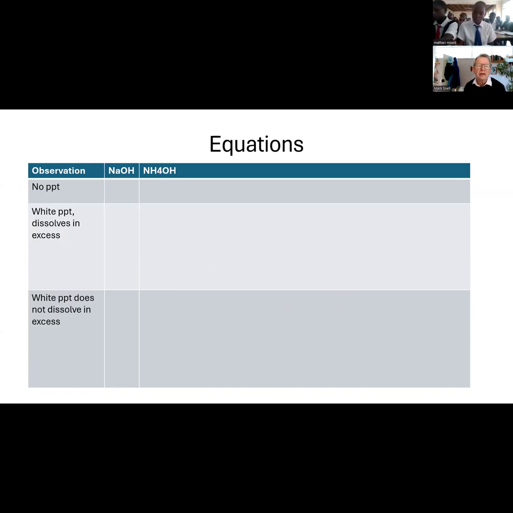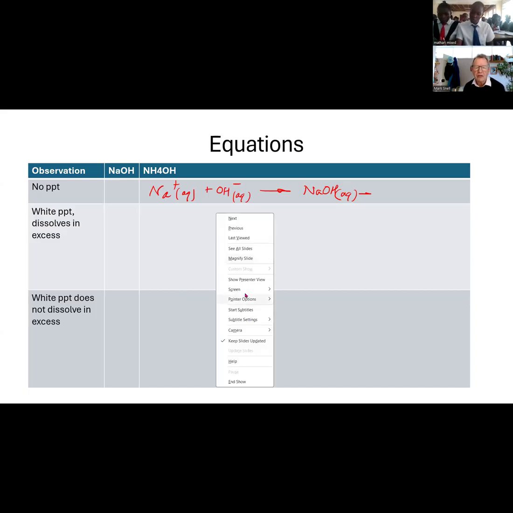We could write, let's say it was sodium, Na+ (aq) plus OH- (aq) goes to NaOH (aq), except that NaOH (aq) is actually Na+ and OH-. So that is useless. It is not worth remembering. Don't even write equations for that.